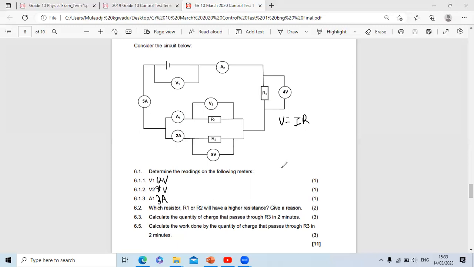So what we're going to do now is make current the subject, because here we know that these resistors divide the current, but they don't divide the voltage. So if we make voltage the subject of the equation, it's useless. I'm not going to say it's completely useless, but it's not going to get us where we want to go.